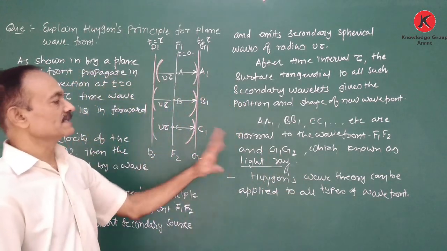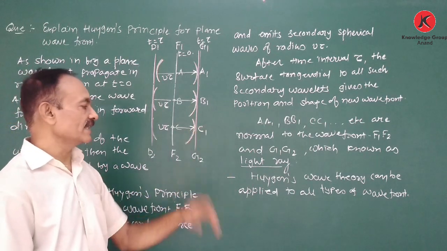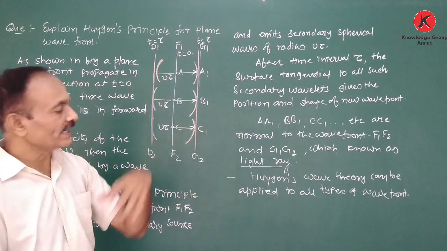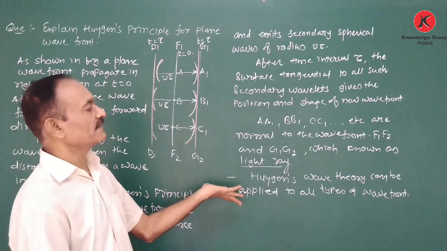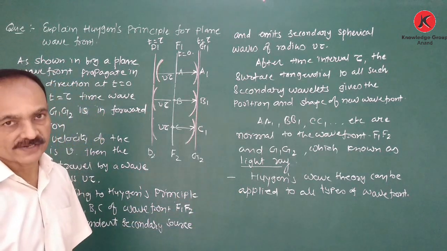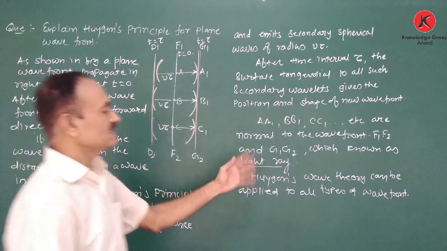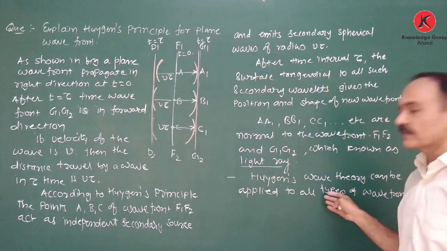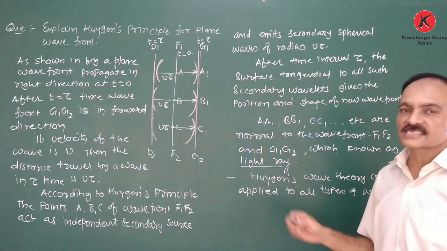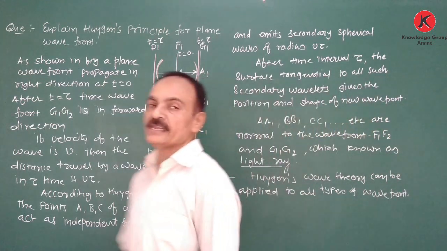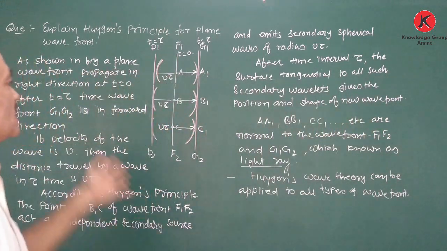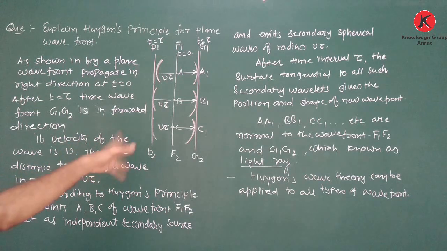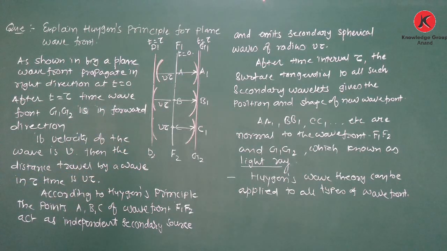Thus, the Huygens principle, or the Huygens wave theory, can be applied to all types of wavefronts, like the spherical and also the plane wavefront. So that is the Huygens principle for a plane wavefront.